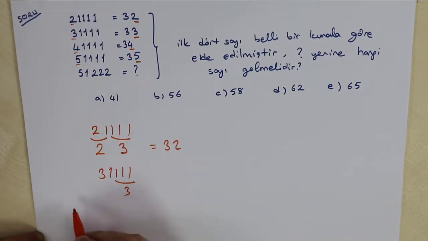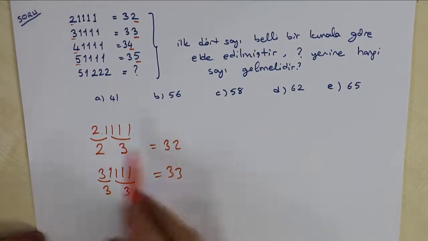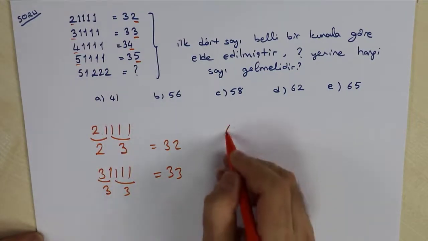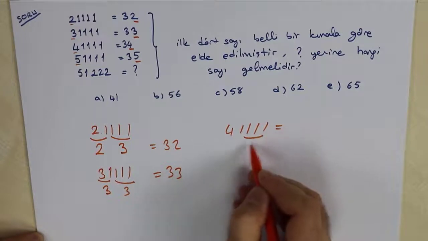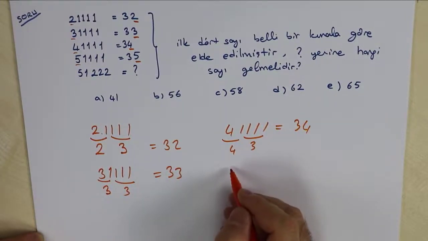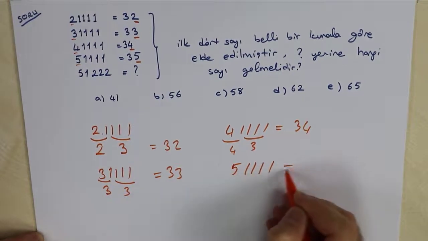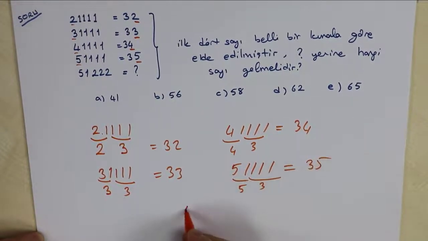If we apply to the rest, does it work? So okay, 3, 1, 1, 1, yes, 111 plus 3, so that is correct, and it applies to the next. Also, we can, without hesitation, just check the rest. For 4, 1, 1, 1, that is 34, and 5, 1, 1, 1, that is 35.